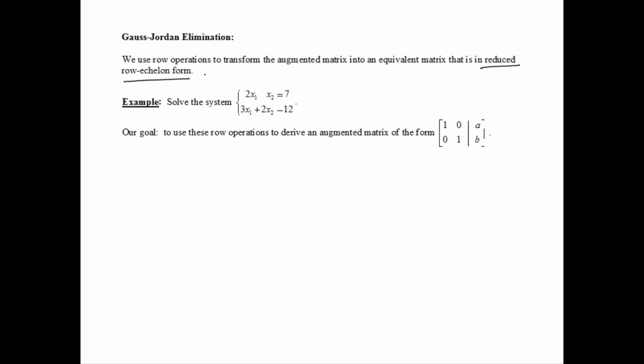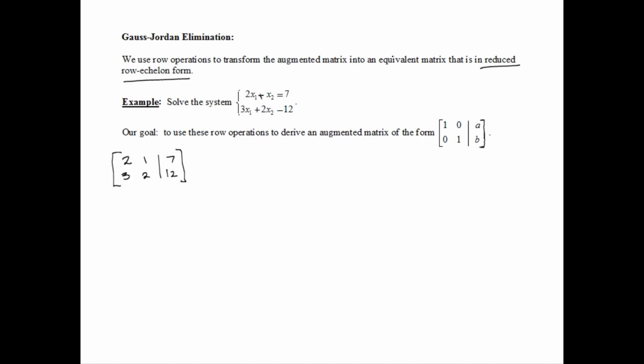Let's look at this example. Here's what we want it to eventually look like. Okay, so we start by writing our augmented matrix. That's 2x1 plus x2, sorry. Okay, so we approach this in the same way that we did when we transformed it into row echelon form.